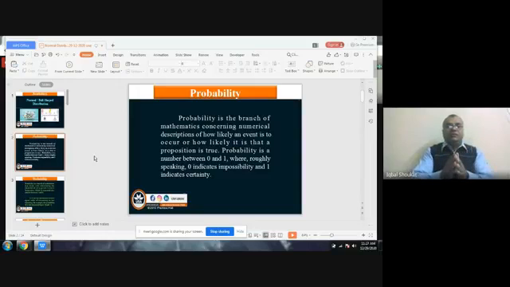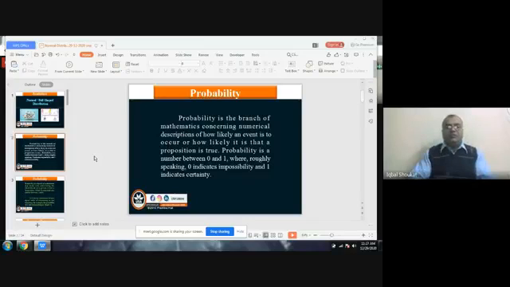The answer of probability, as we have learned many times, ranges from 0 to 1. 0 means nothing can happen, and 1 means it will exactly happen. That means existence, surety, confirmation of something represents 1.